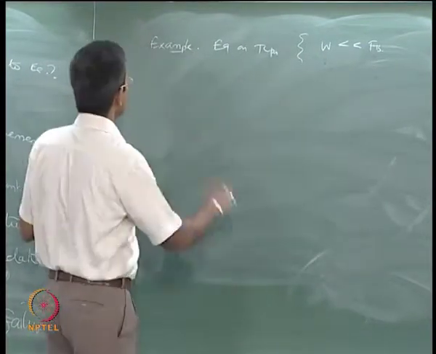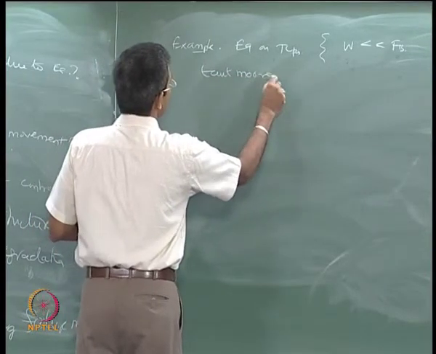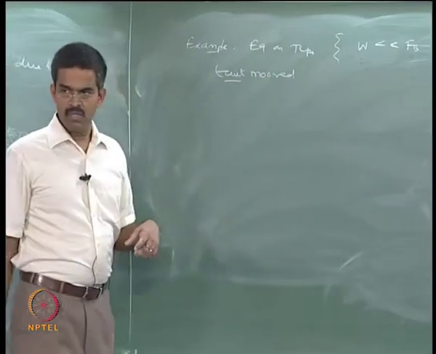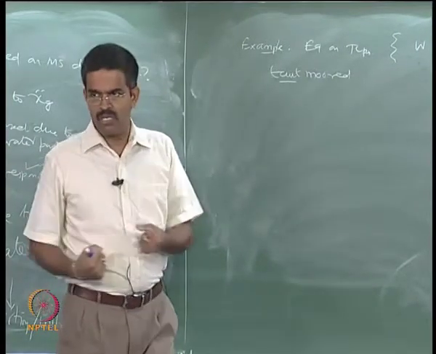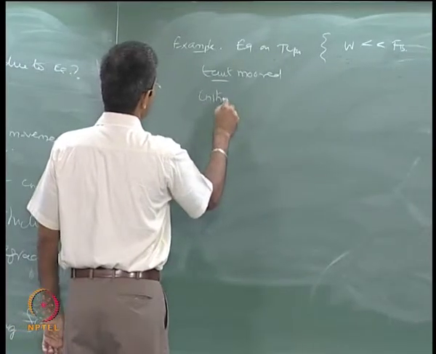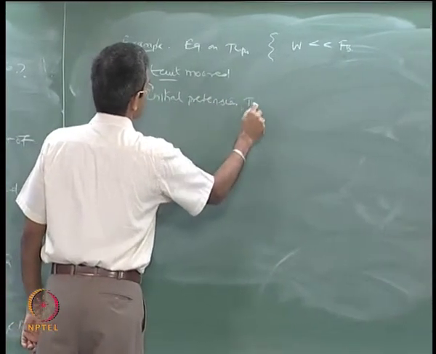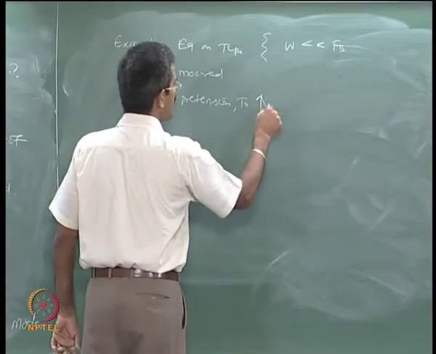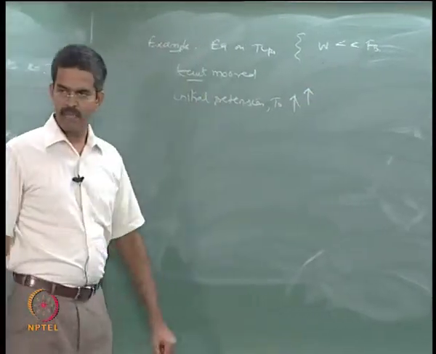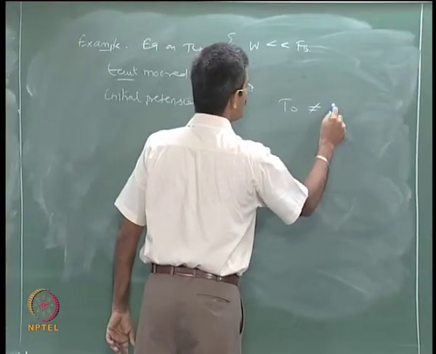They are taut moored. What do you mean by taut moored? There is an initial pretension given to the tendons. This initial pretension, T naught, is of a very high value. T naught never will become 0.